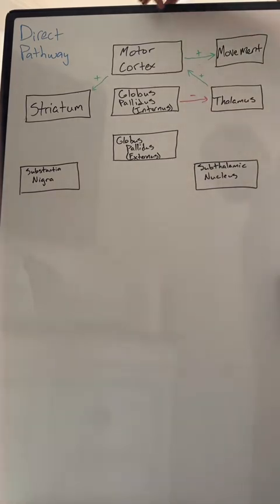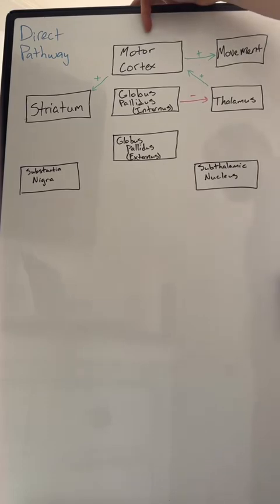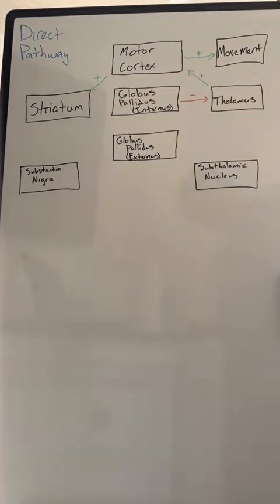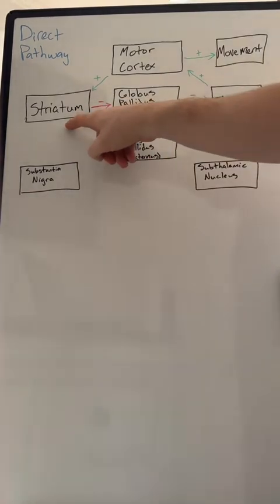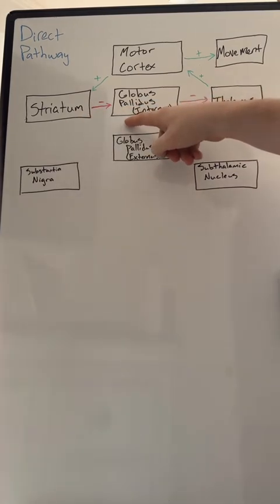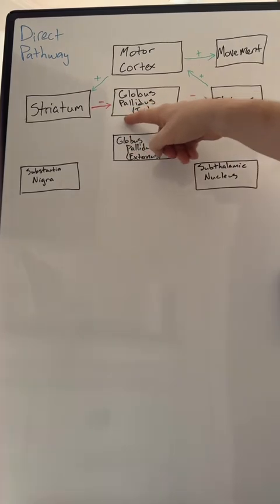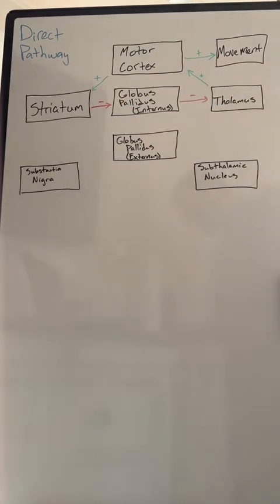So in order to initiate movement, the motor cortex sends an excitatory signal to the striatum. Thus, the striatum increases the neurotransmitter release of GABA to the globus pallidus internus, which then inhibits the globus pallidus internus.